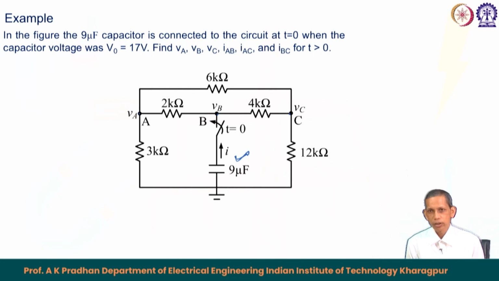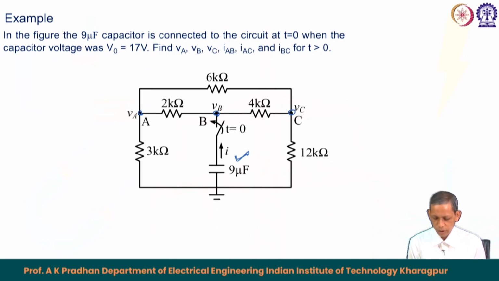So, we will use the nodal voltage method to address the different nodes, A node, B node and C node, and we know the injection of current is from this capacitor. This kind of circuit we have solved in the case of DC circuits also for steady state, and the middle branch is just like a battery here.